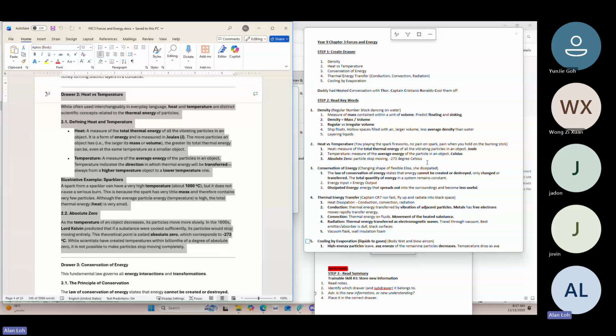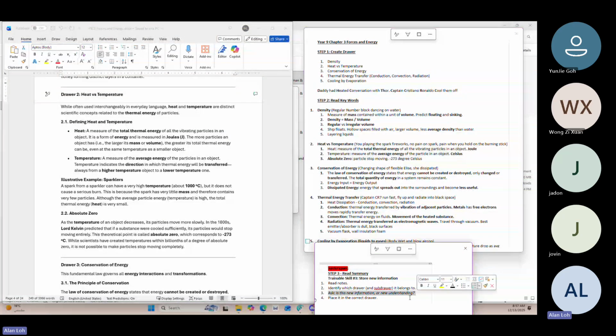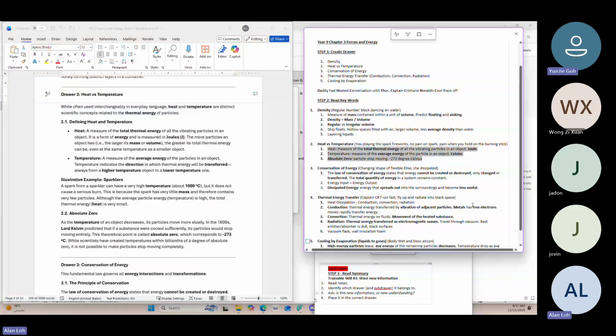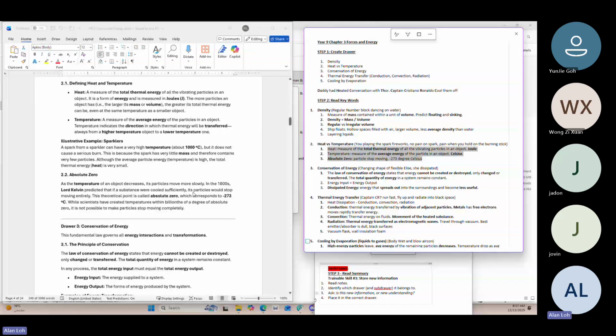You ask yourself, is there any new information or new understanding that you read from here that is not in your drawer? For now, everyone's drawer is about the same. But as we go further into the steps, your drawer and my drawer will be different. Okay, so let's go to the next one. Let's take 2 minutes. Let's start now.